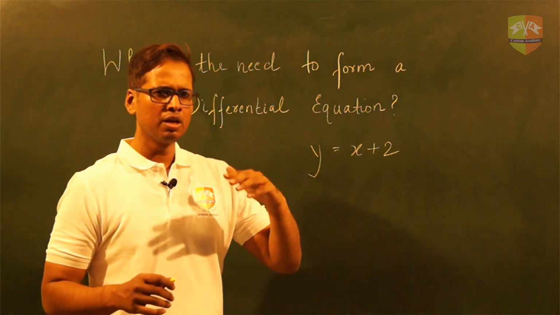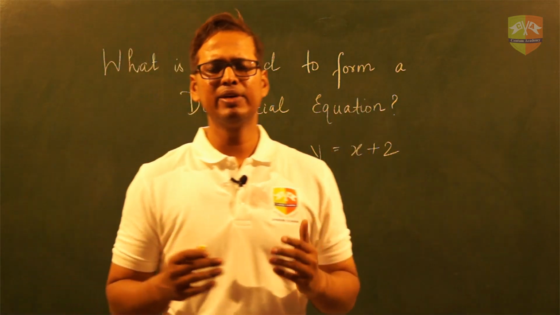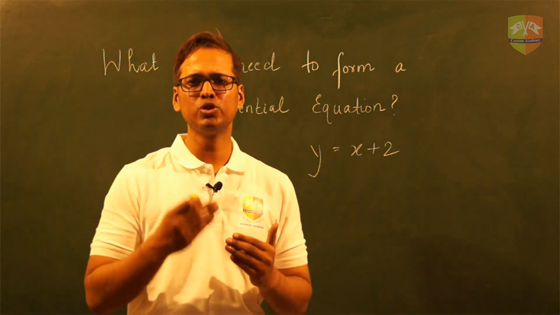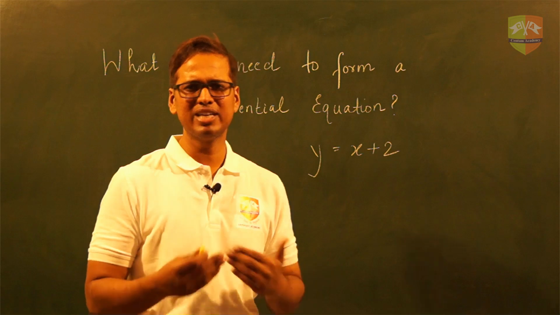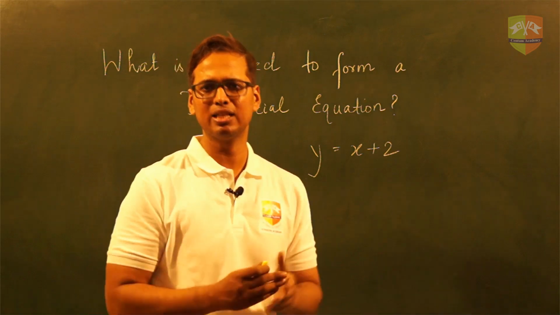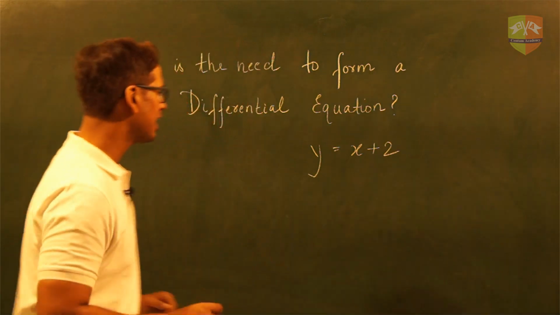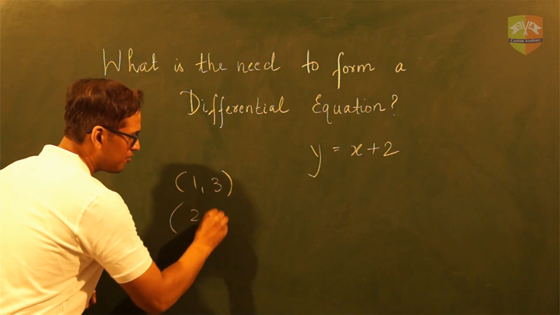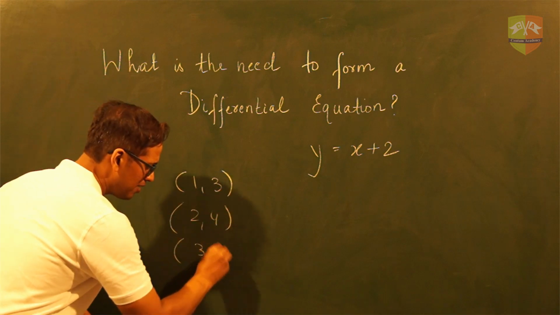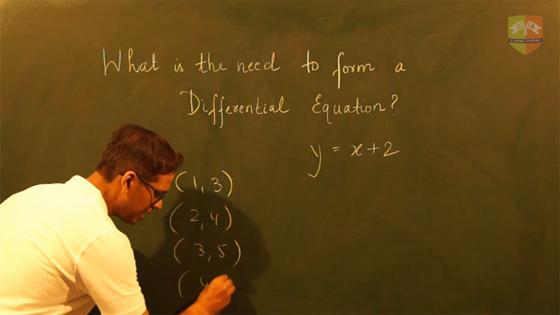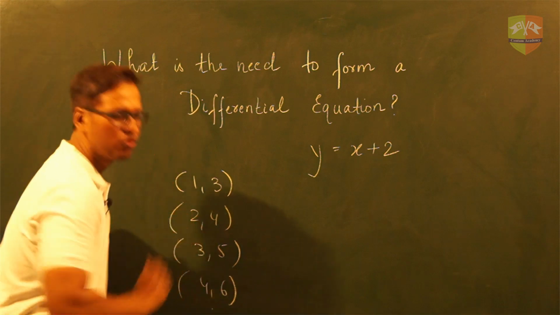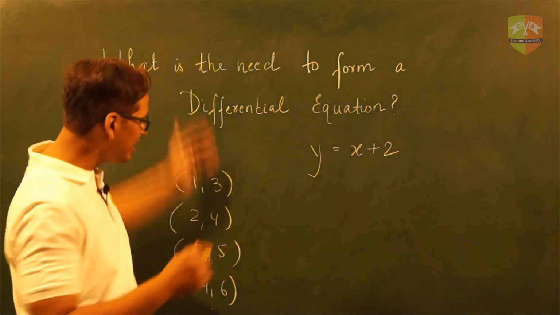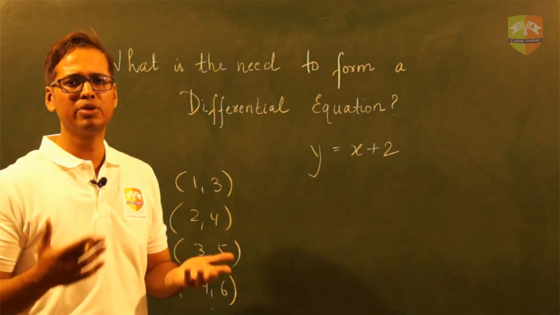Now, in the beginning of the geometry, when we wanted to represent some set of points, or we wanted to show a path, for example, if I say that I am treading on a path whose coordinates are (1, 3), (2, 4), (3, 5), (4, 6), and so on and so forth, it's very difficult to actually write those infinitely many points which I am treading.